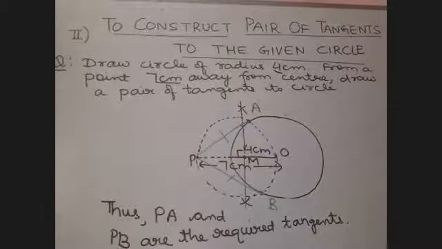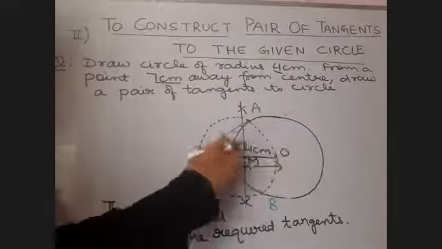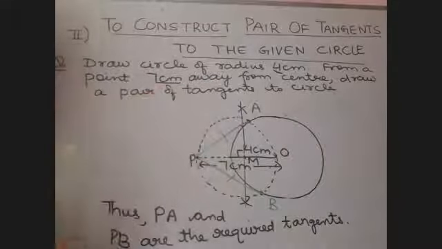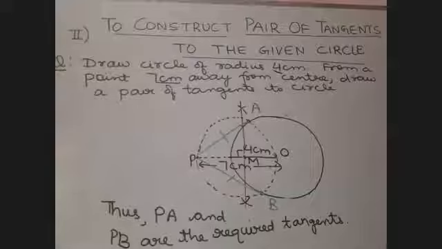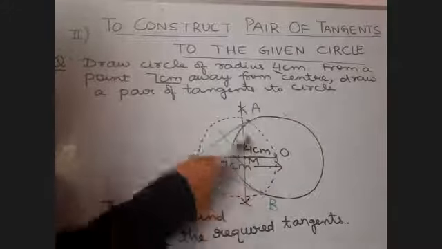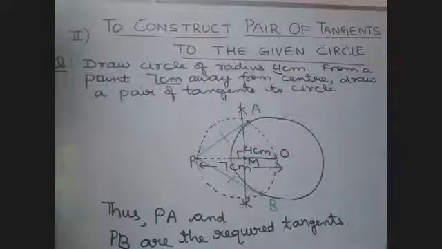If M is the midpoint of OP, take M as center and OM or MP as radius. Draw a circle. You may draw it as a dotted circle also, your wish. Now, wherever the two circles intersect, mark those intersection points as A and B. Join PA, join PB. These are the required tangents. Okay?